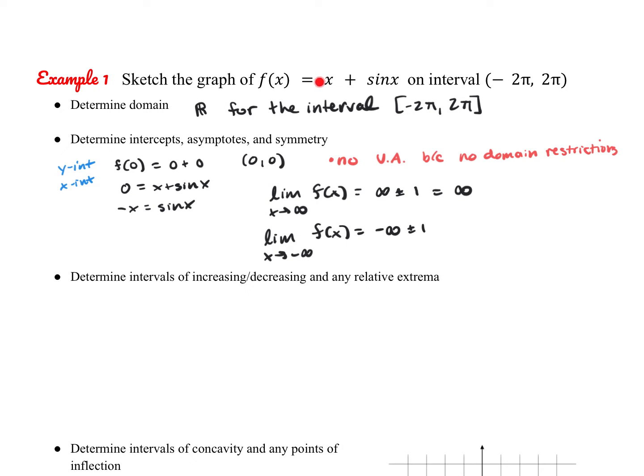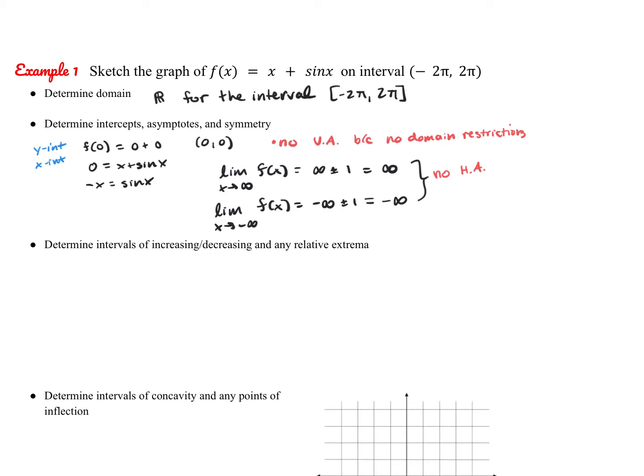Regardless, because of this linear portion, as x approaches negative infinity, f of x will approach negative infinity. So since there are no actual value limits, we can deduce that there are also no horizontal asymptotes. So we check our limits at infinity to help us look for horizontal asymptotes.